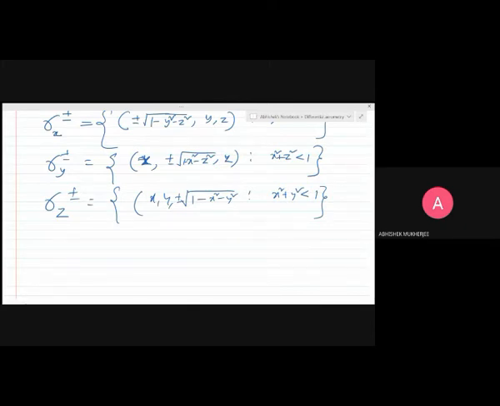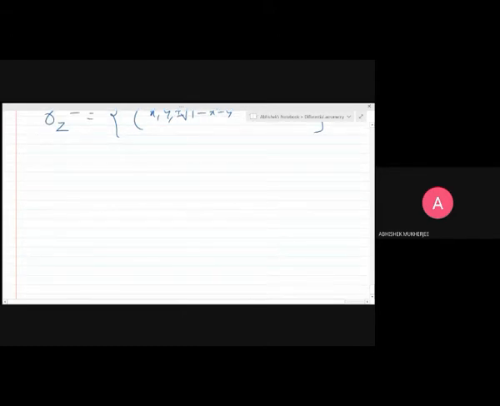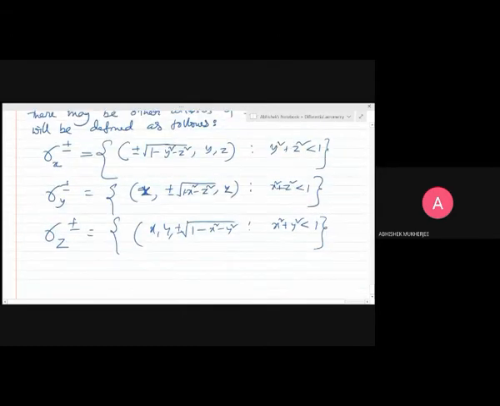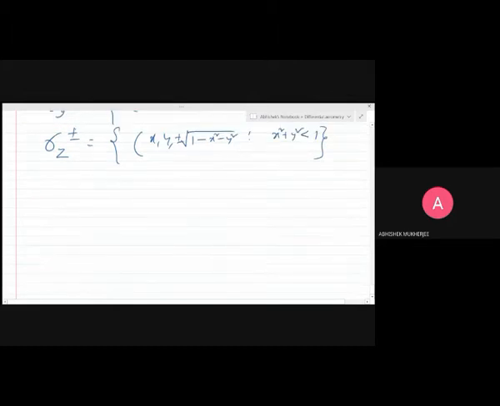So the atlas contains 6 surface patches, right?